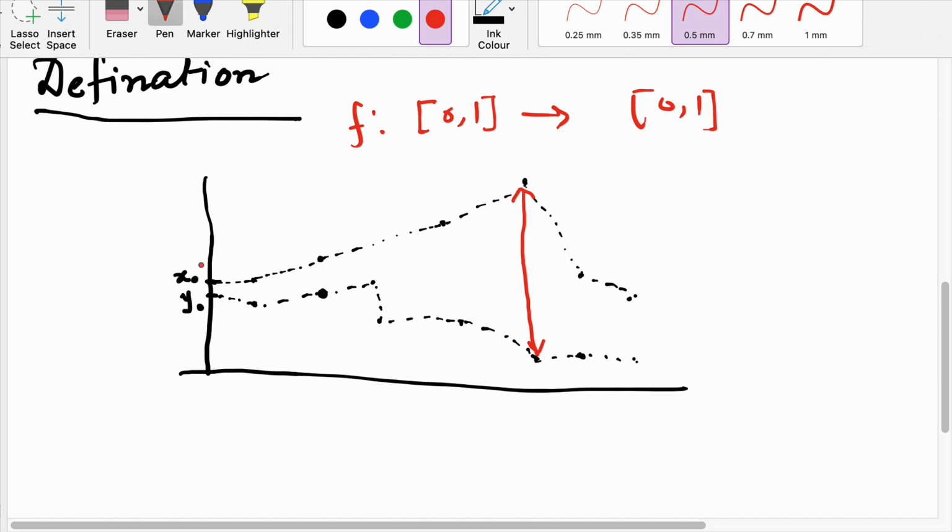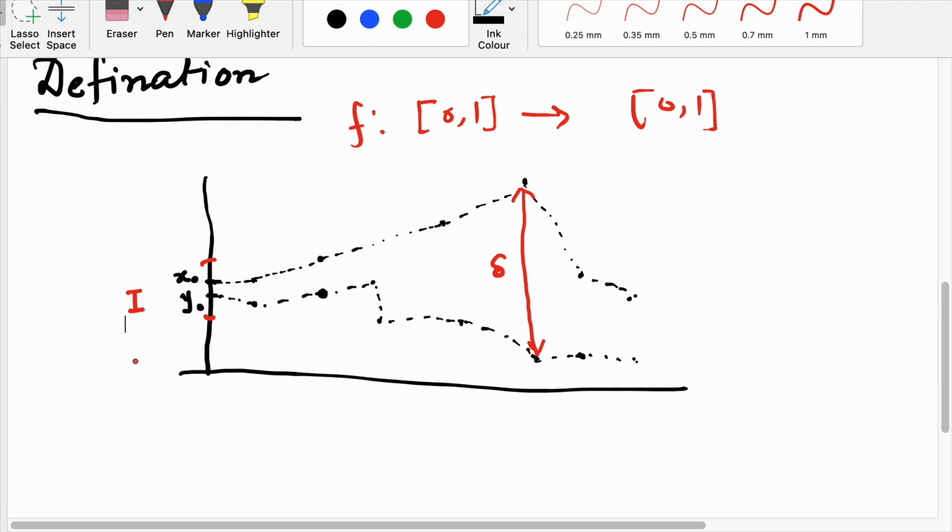Here you can see that x0 and y0 sometimes come close to each other, and sometimes become far apart. Suppose this is delta, and suppose this red line is an open interval named I, from here to here.